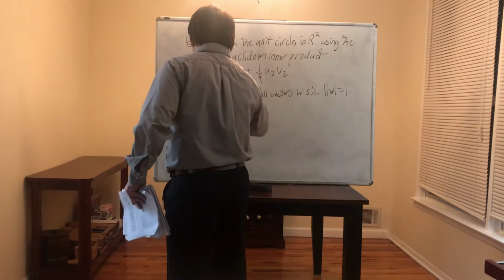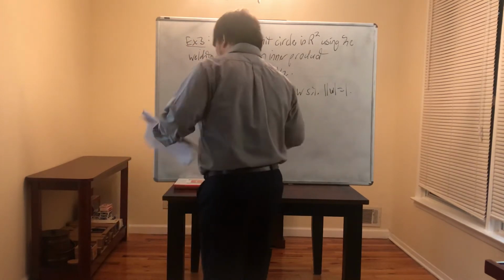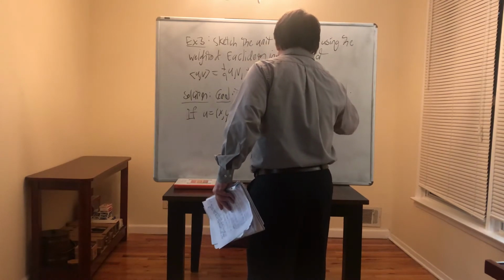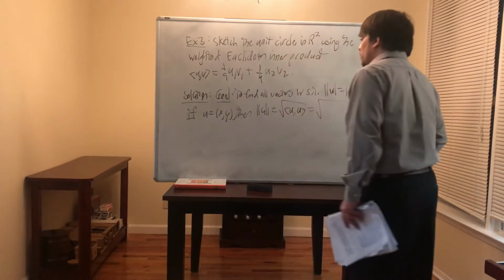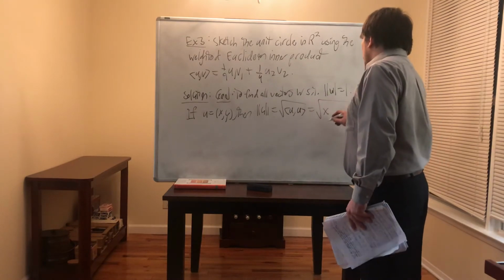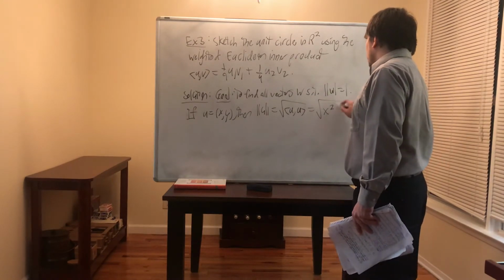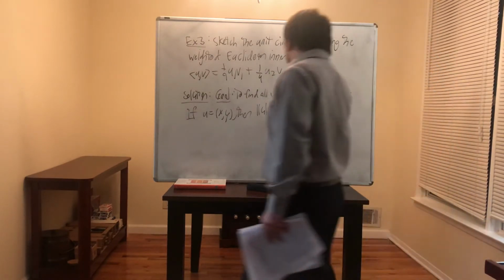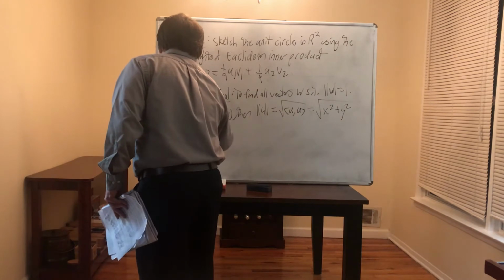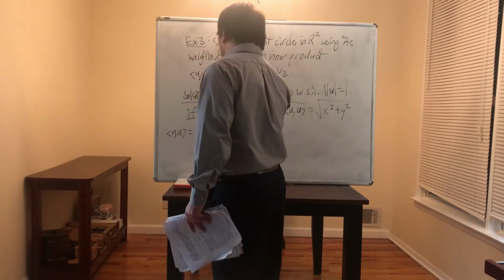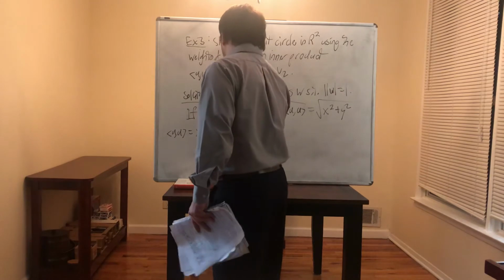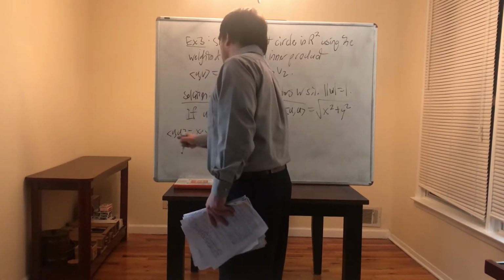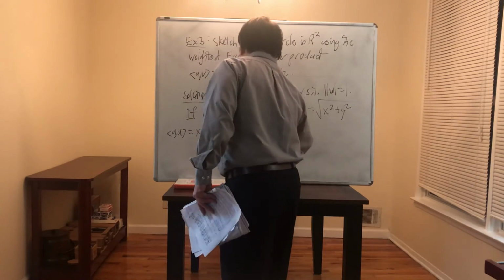If U is equal to X comma Y, then the norm of U is equal to the square root of the inner product of U with itself, and that's equal to the square root of X squared plus Y squared. Why is that? Because the inner product of U with itself is the first component of U, which is X, times the first component of U, which is X, plus the second component, Y, times the second component, Y, which is X squared plus Y squared.